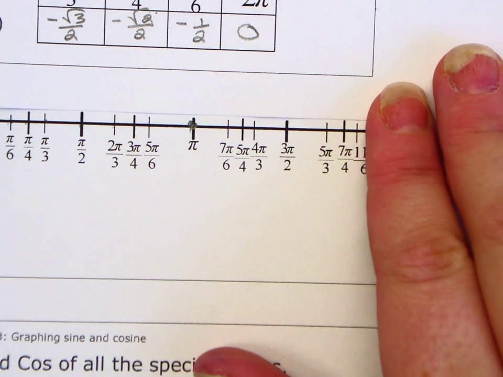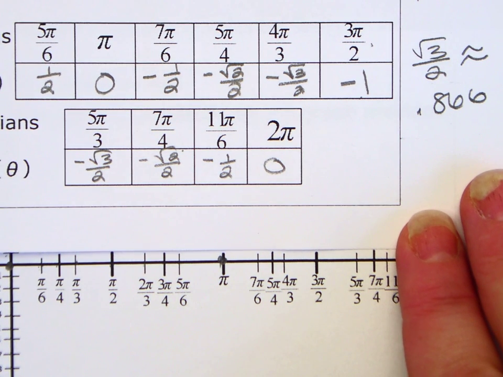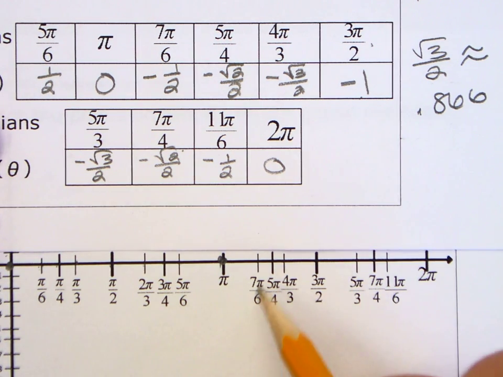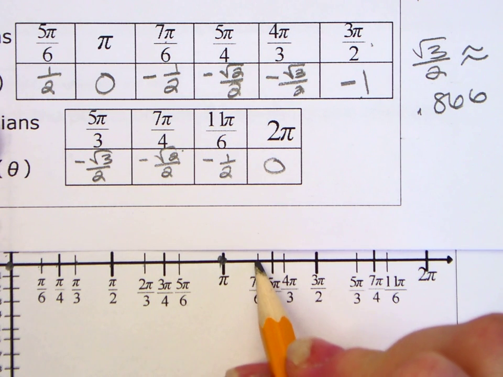Can you see what I'm doing? Okay, so I'm going to do my best to graph so you can see. All right, so my 7 pi over 6, it's the same thing. I'm going negative a half, though.